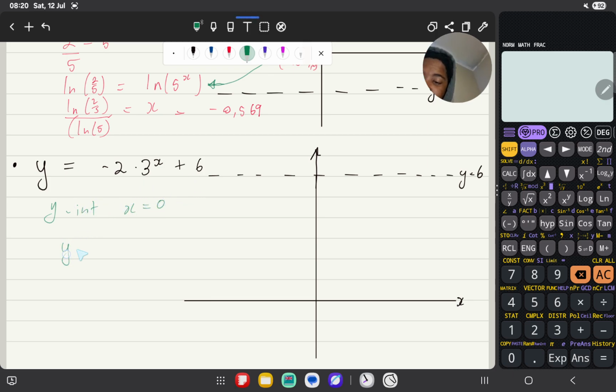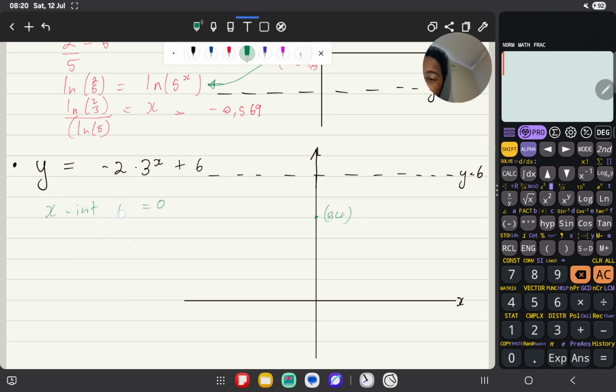So therefore you have y equals minus 2 times 3 to the power of 0, plus 6. Remember the laws of exponents, anything to the power of 0 is 1. So this is minus 2 multiplied by 1, which is minus 2, plus 6, and then we have 4. Therefore, 1 2 3 4 here, 0 and 4, that's your y-intercept.